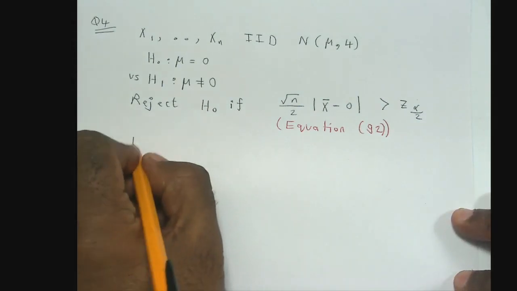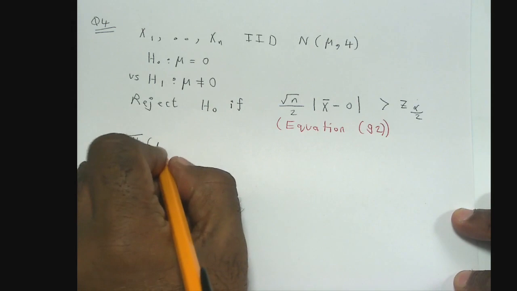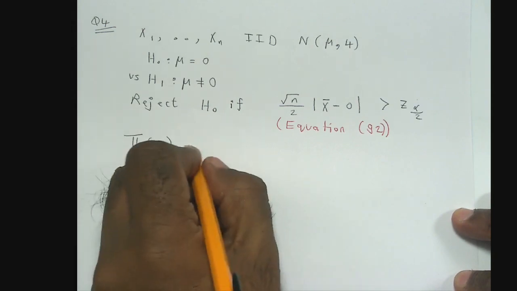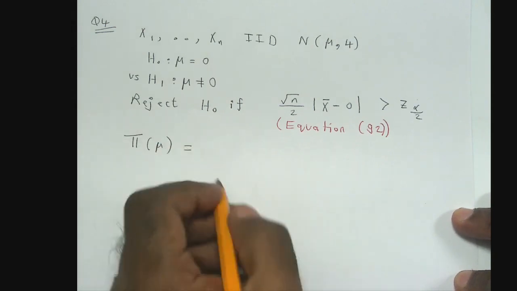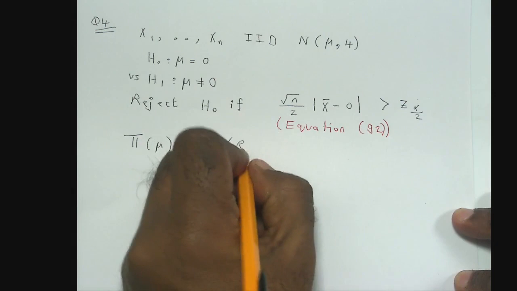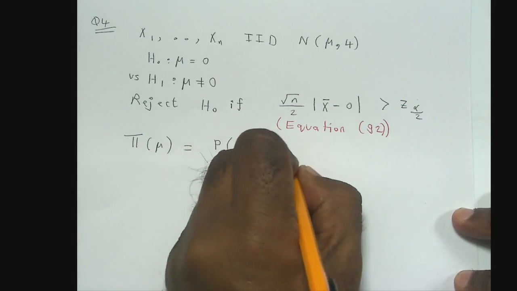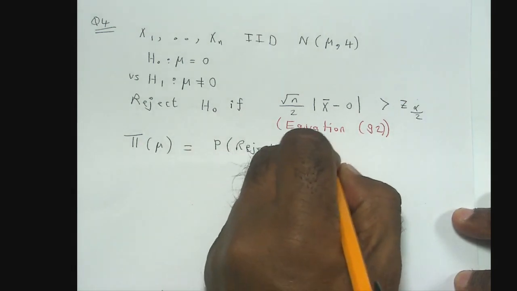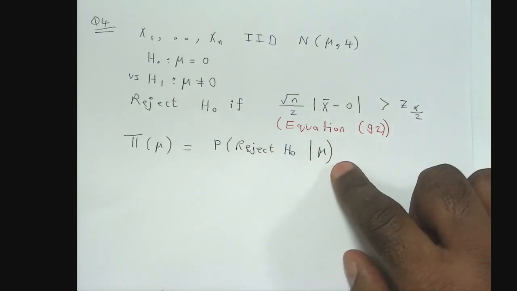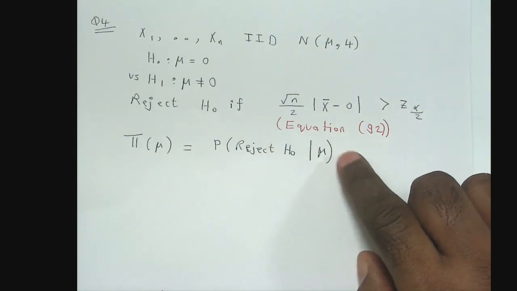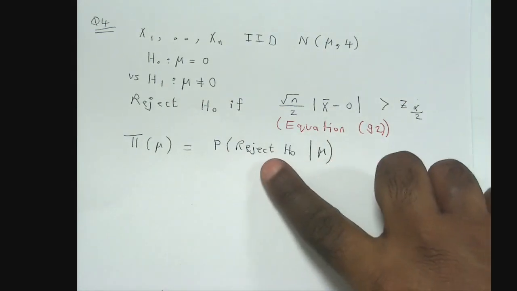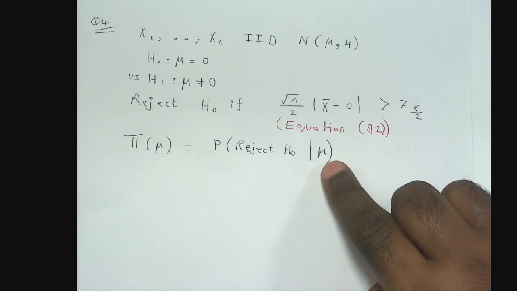So I think what you're asked to find is the power function. Now remember, the definition of the power function is the probability of rejecting the null hypothesis when the given value is mu. I think a lot of people get confused. The mu here is an arbitrary value, right? It doesn't take any fixed value.